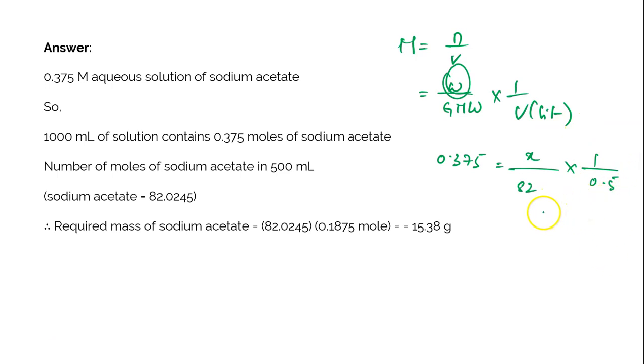You just have to rearrange this and simplify. You will have 0.375 into 82 into 0.5, which altogether on simplification will be 15.38. So the required mass of sodium acetate is 15.38. I hope this is also clear.